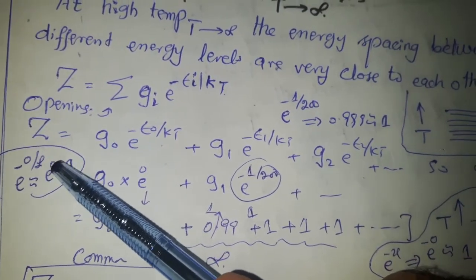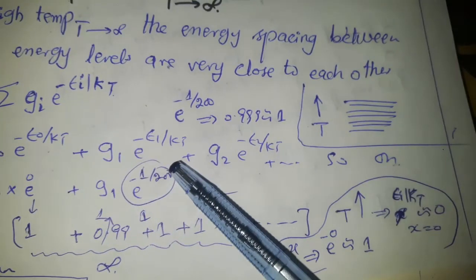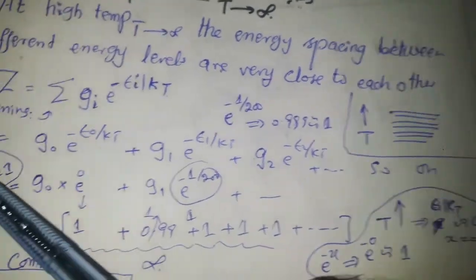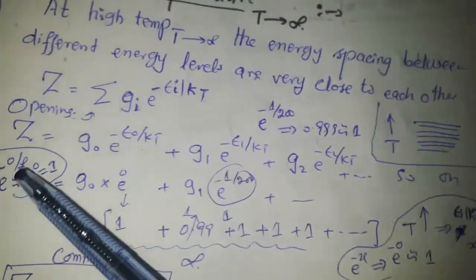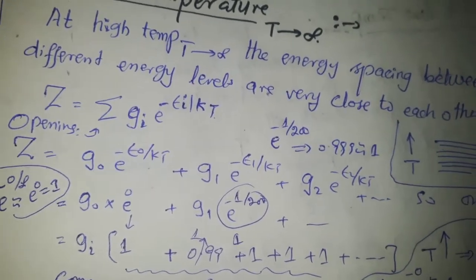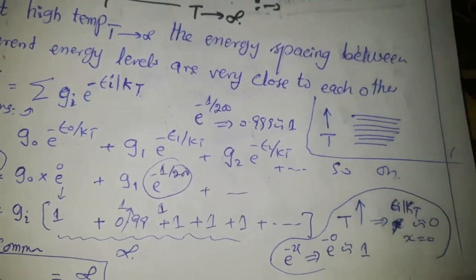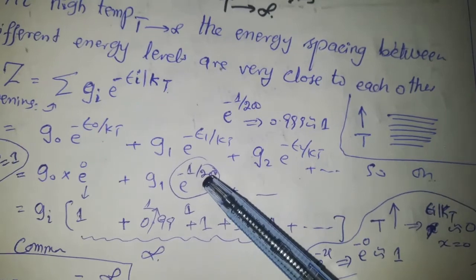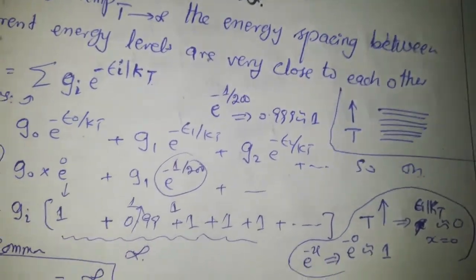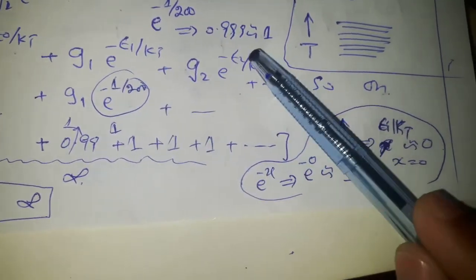In the other case, at higher temperature, we get some number divided by infinity, and that gives us 0. So this level gives 0 and the other levels also give 0.